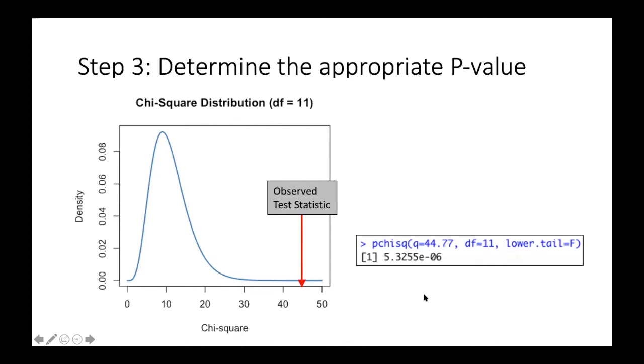We want the upper tail of the distribution. So lower.tail equals FALSE. And if we do that, we calculate a very, very small p-value, 5.3 times 10 to the minus 6. So it's really unlikely to get a test statistic this big when the null hypothesis is true.